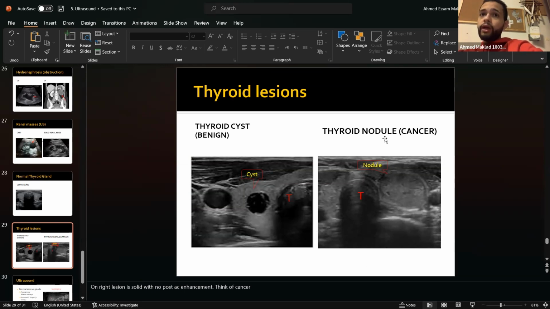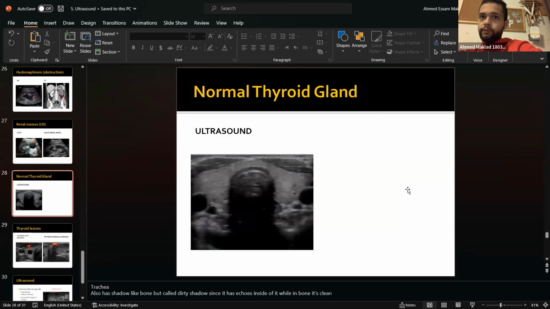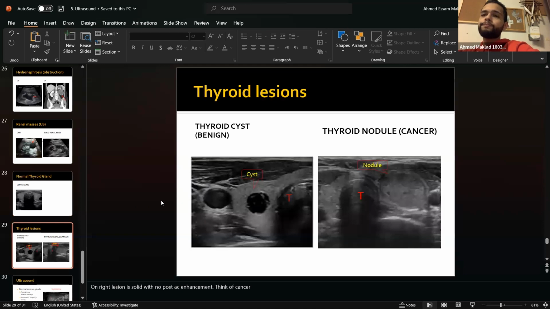Now, how? Yeah, you guys can read this. But I highly doubt she's going to dig deep into thyroid ultrasound, but this is a very good summary of what this picture shows you.